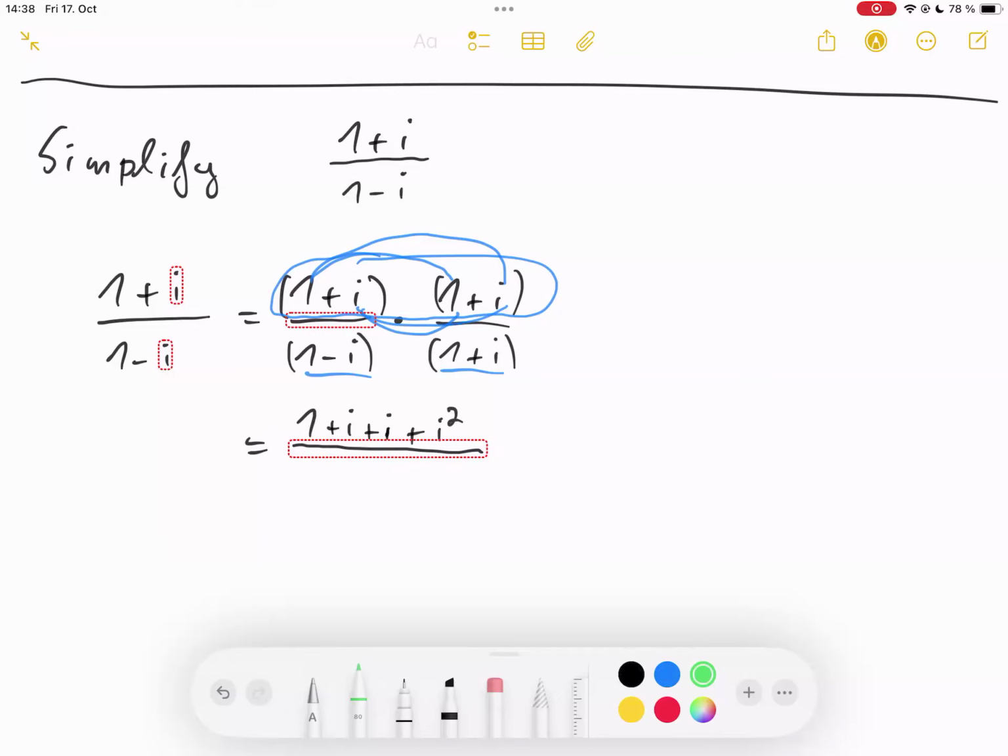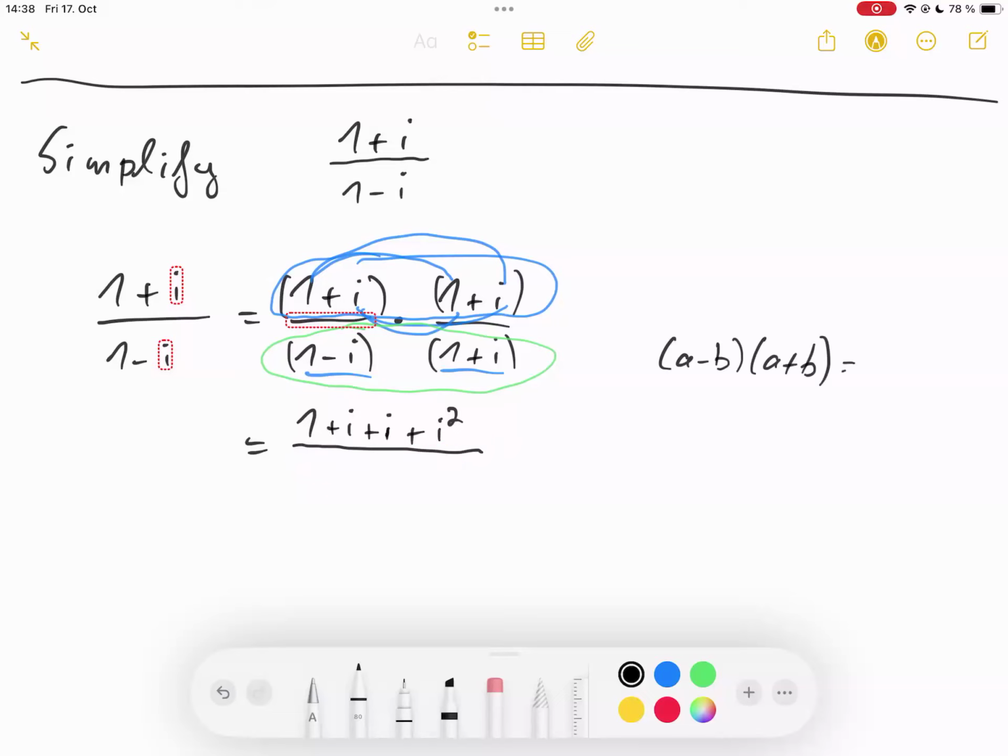Do you also have a solution for the result of the denominator? So we multiply 1 minus i with 1 plus i. If you have a suggestion for that, just let us know. In fact, what we are doing here for the denominator is a minus b times a plus b.